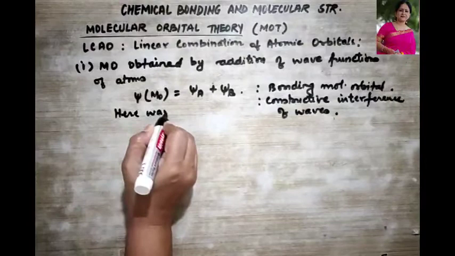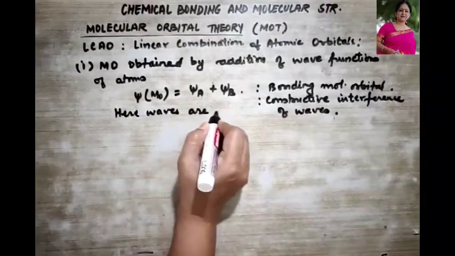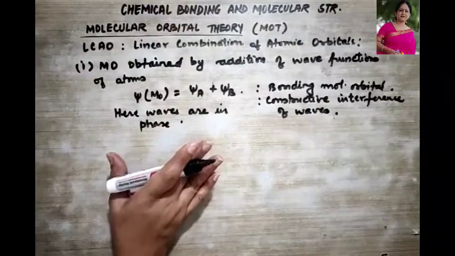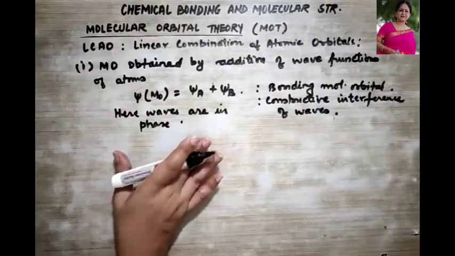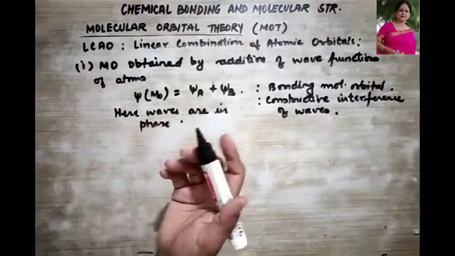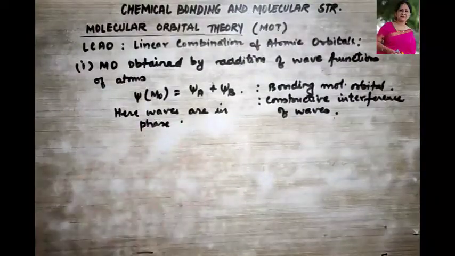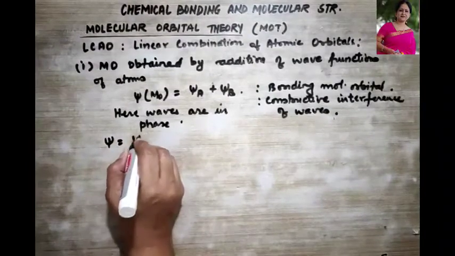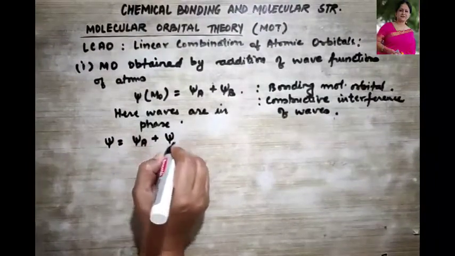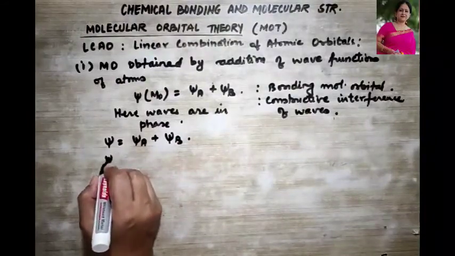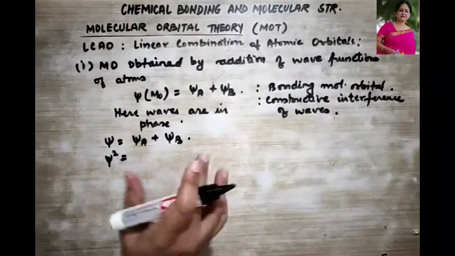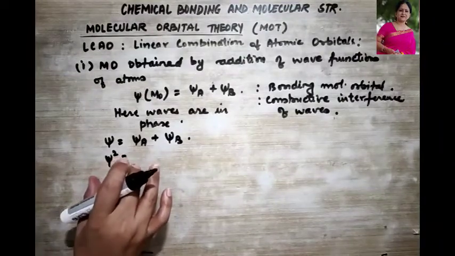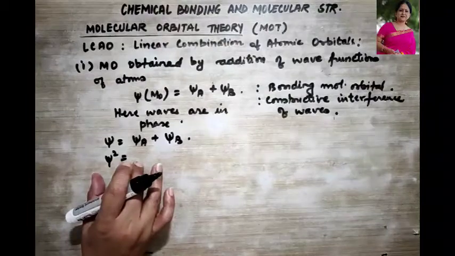Here waves are in phase. Okay, so let us see the probability of finding the electrons in the bonding molecular orbitals. How does it increase? If psi is equal to psi A plus psi B and we take the square of it, the probability of the electron density is always given by the square of the wave function.